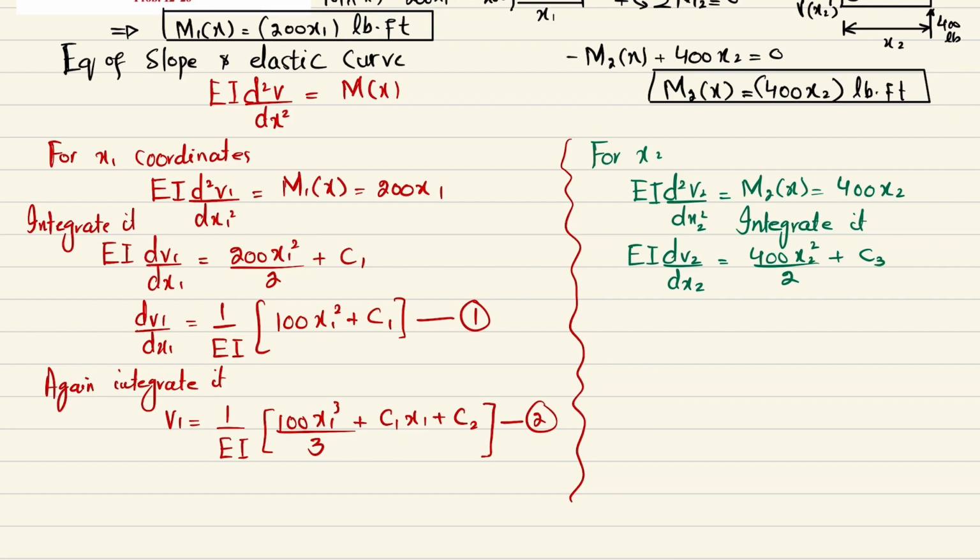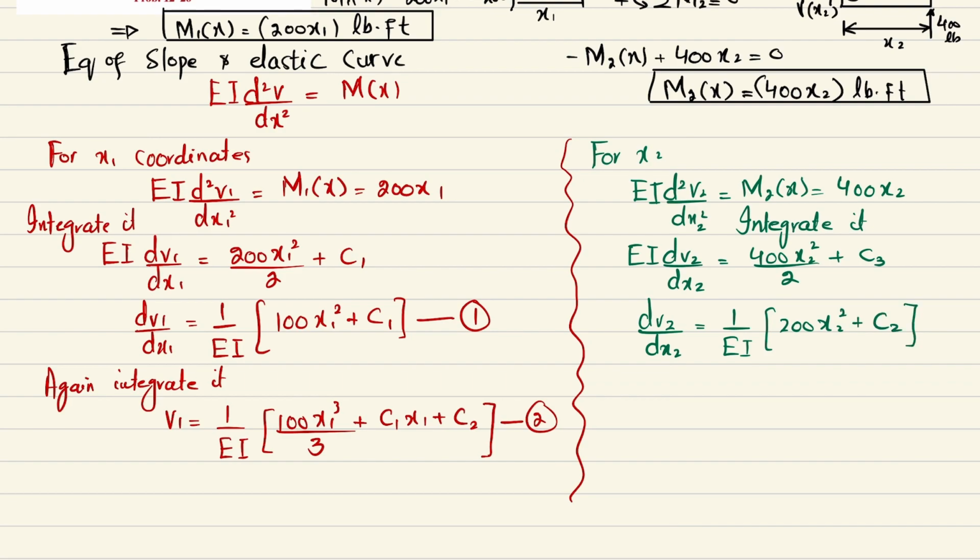Now if you divide EI on both sides, you will get dv2/dx2 is equal to 1 over EI into 200 x2 squared plus c3.